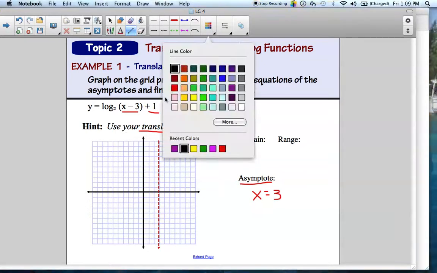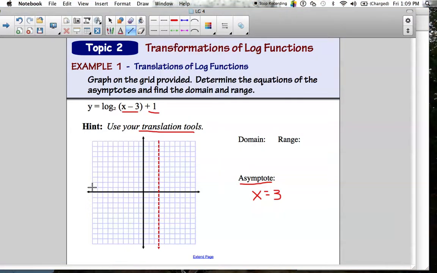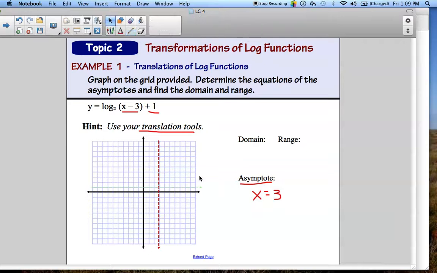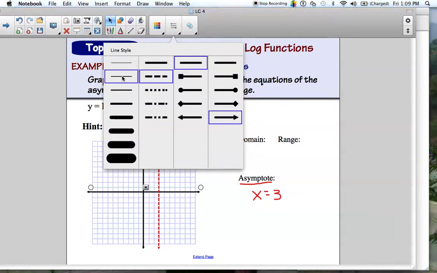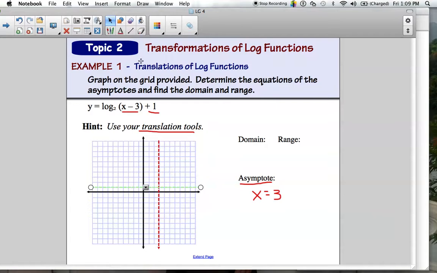Okay, so let's make this a different color. Let's make it green. So this line right here, I'm making it nice and light. Maybe that's too light. Make it a little bit darker. So let's make it heavier.